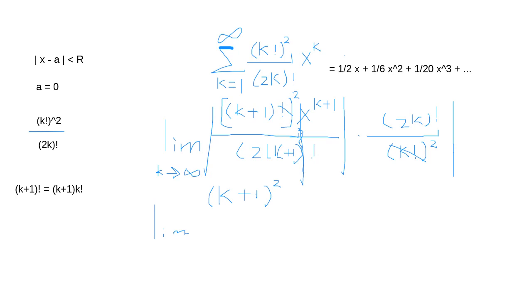Then look at this one. The denominator, we have 2 times k plus 1 factorial, right? Because it was 2k factorial. And also we want to simplify this. Let me write on the side. So 2 of k plus 1 factorial. Let me put a bracket here.